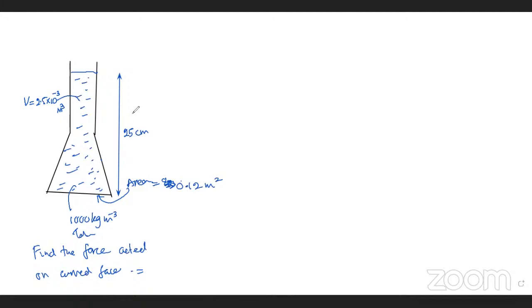Right. Here you can write it as I mentioned before: the force on the bottom wall and the weight of the liquid. The weight of the liquid inside is volume multiplied by density into g. The volume is 2.5 into 10 to the minus 3 cubic meters, rho is 1000 and g is 10, so that is 25 Newton.